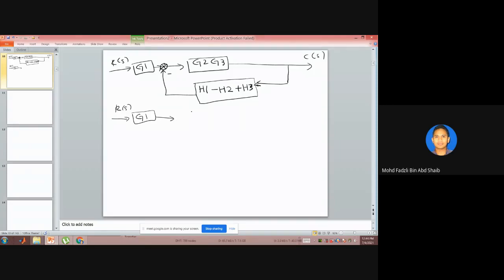This one is G2, G3 over 1 plus G2, G3 times H1 minus H2 plus H3, right?